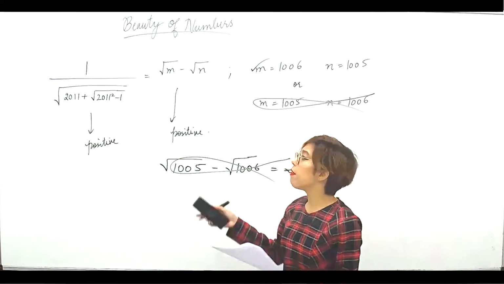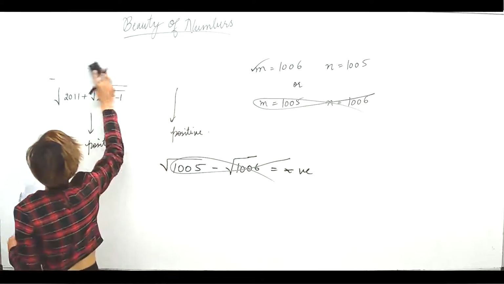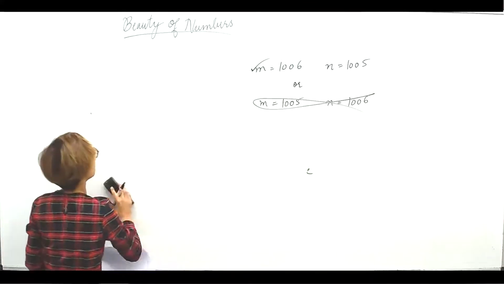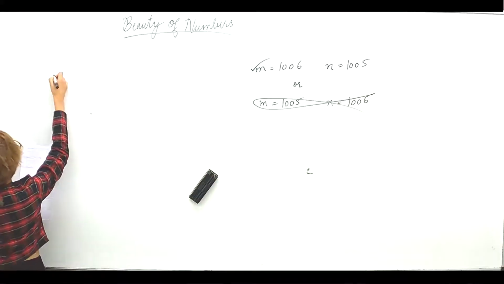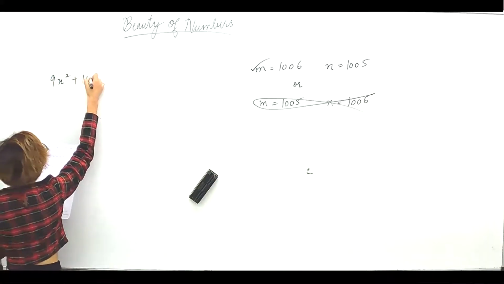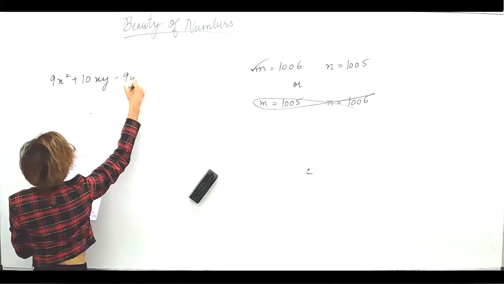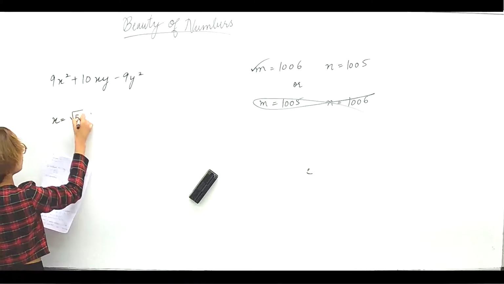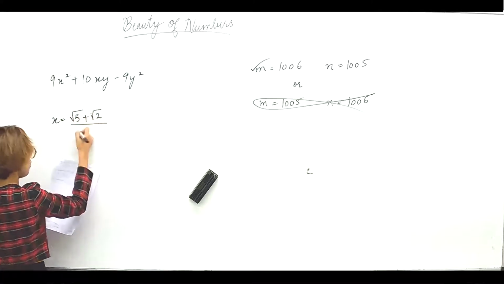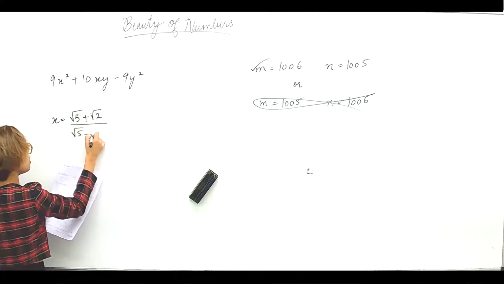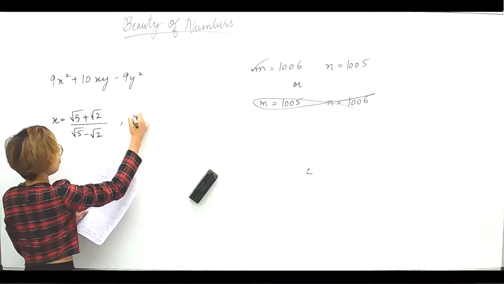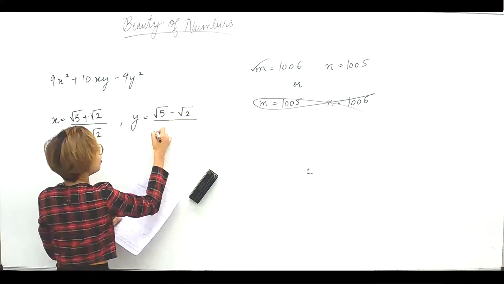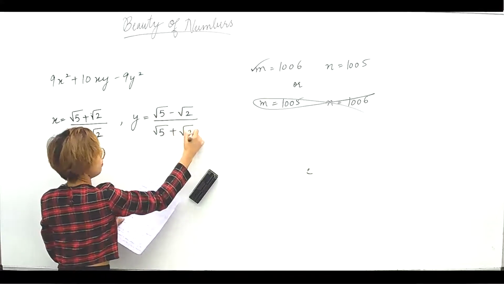Write the next question. Evaluate 9x square plus 10xy minus 9y square for x equal to square root 5 plus square root 2 whole divided by square root 5 minus square root 2 and y is equal to square root 5 minus square root 2 over square root 5 plus square root 2.